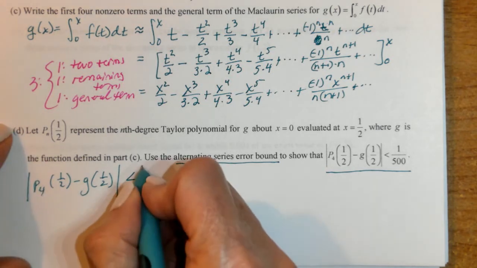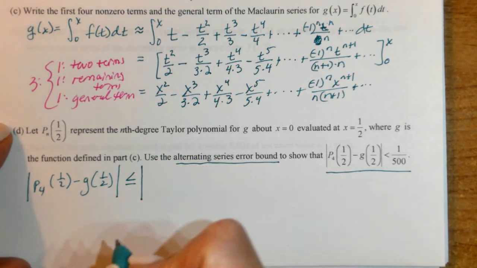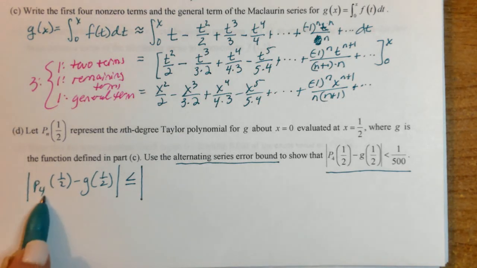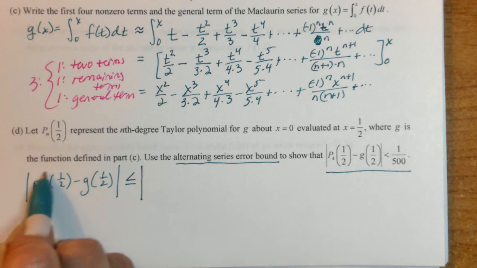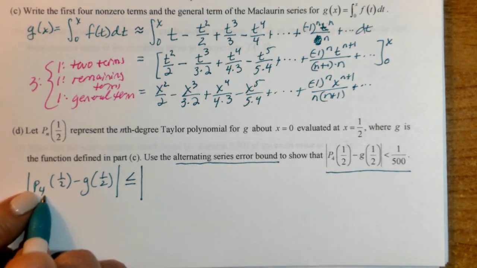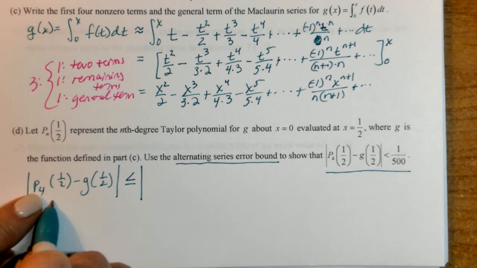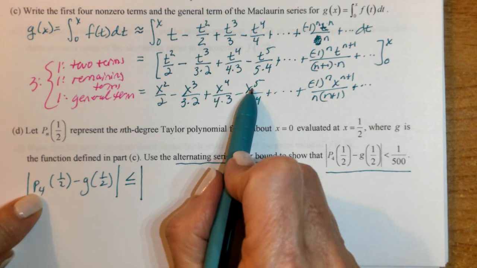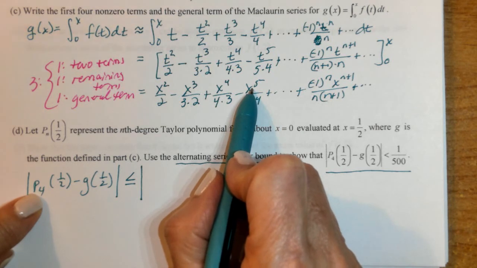So I know that this is less than or equal to the absolute value of the first omitted term. If I used the 4th degree term in my approximation, then the first omitted term would be the 5th degree term. The 5th degree term is right here. It is not the 5th term, it's the 5th degree term.